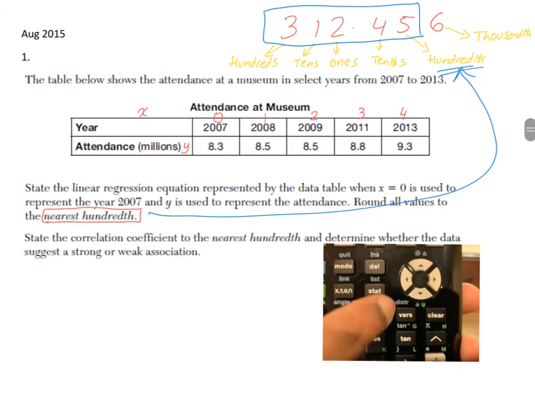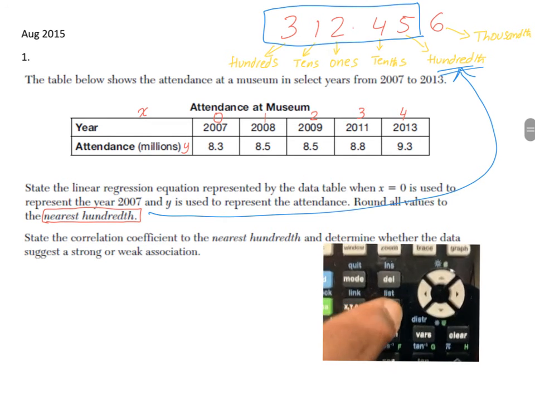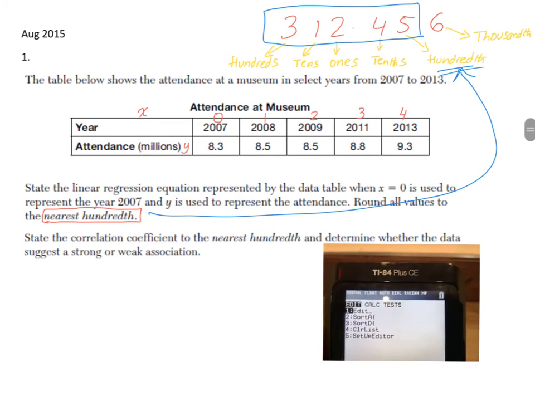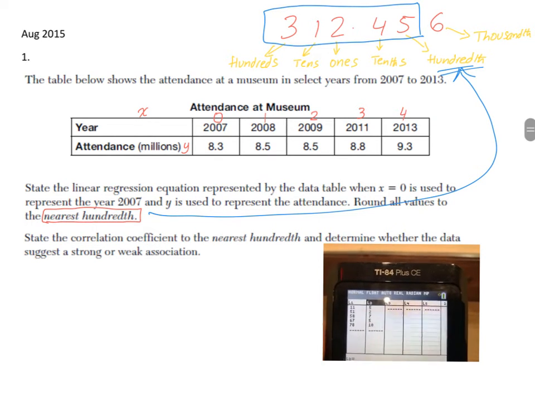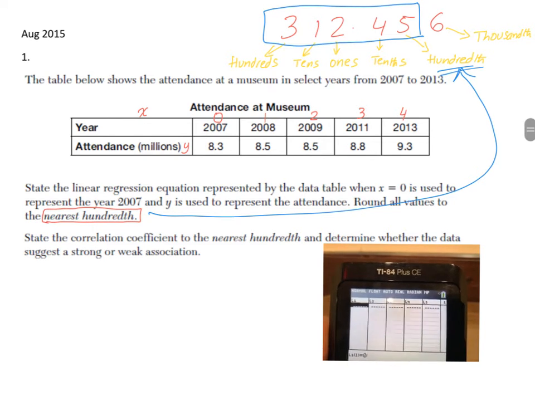And then you go to stat, right? And you choose edit. And let's clear all these. So you can go to L2 and hit clear, and then move your cursor and it clears everything. So let's put in the values for 2007, 2008, 2009, and so on.